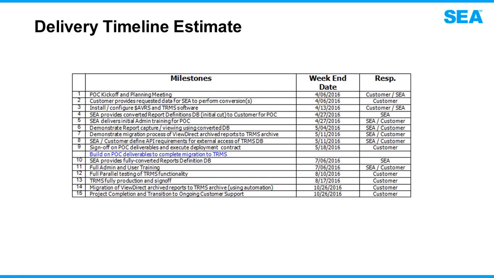Once that's agreed upon and looks good, then we just leverage what we've done so far and move it right forward into a full deployment, completing all the conversion of your legacy archive reports and all of your recipients, and of course completing the training aspects, and then allowing you to do the cutover when you're comfortable with that deployment time.